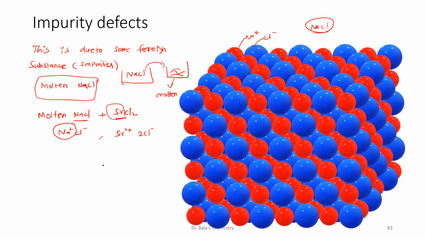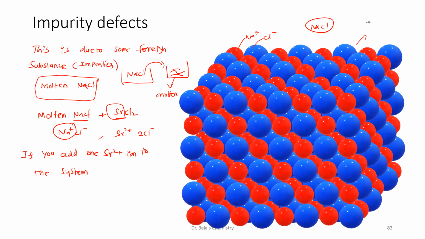Suppose you add one Sr2 plus ion to the system. How many Na plus will have to come out of the system? The charges should be equal. Yes, because for an impurity defect also, the charges should be equal.